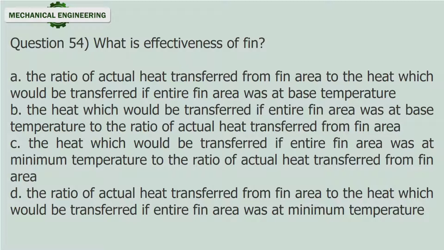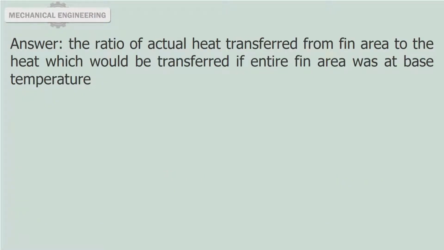D. The ratio of actual heat transferred from fin area to the heat which would be transferred if entire fin area was at minimum temperature. Answer: the ratio of actual heat transferred from fin area to the heat which would be transferred if entire fin area was at base temperature.